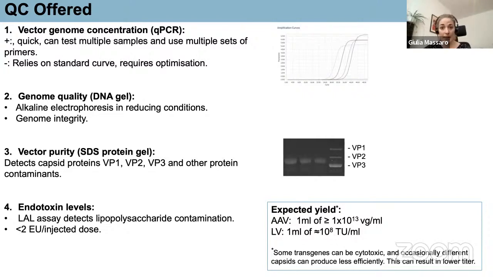Some genes can be a bit toxic for cells, so when you transfect your cells, they can cause cytotoxicity. Some capsids or envelopes can produce better than others. All of this reflects on the final yield, the final concentration. So some preps may result in a lower titer, but again, I always make this very clear to the user at the very beginning of the experiments.